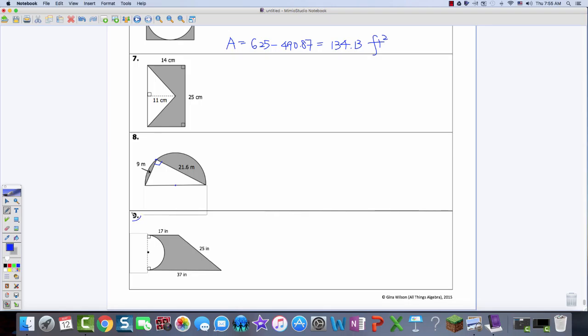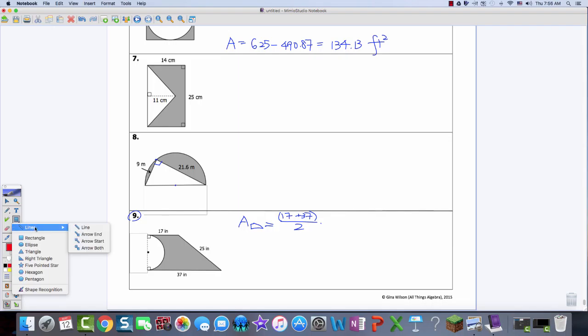Why don't I do number 9 for you? It's a little bit more challenging. So number 9, I need to find the trapezoid first, right? So if I need to find the trapezoid area, I need the top base, I need the bottom base. Excellent, I have both divided by half. I need the height. Ooh, I don't have the height.